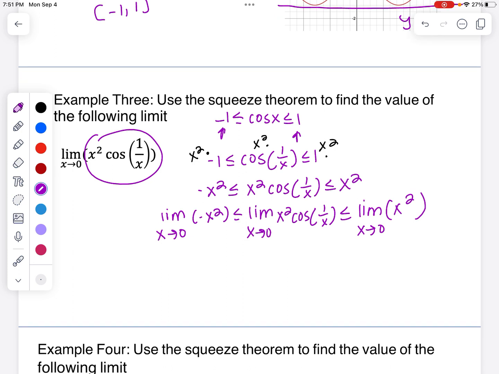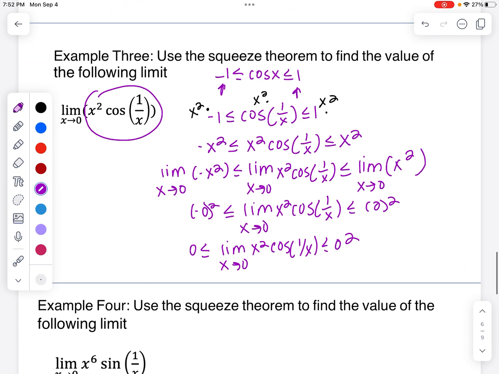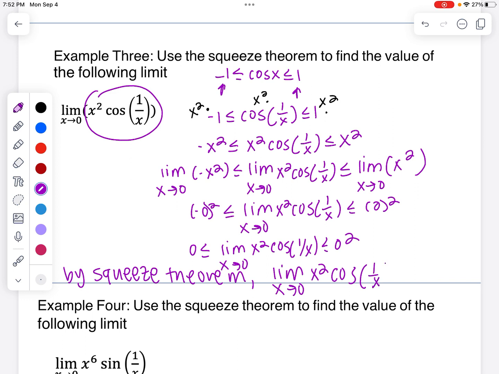But if I plug 0 into the lower bounding function, I get negative 0 squared, and if I plug 0 into the upper bounding function, I get 0 squared. Both of those come out to be 0. Since our lower bound is 0 and our upper bound is 0, and the function is squeezed between them, by the squeeze theorem the limit as x approaches 0 of x squared times cosine of 1 over x equals 0.